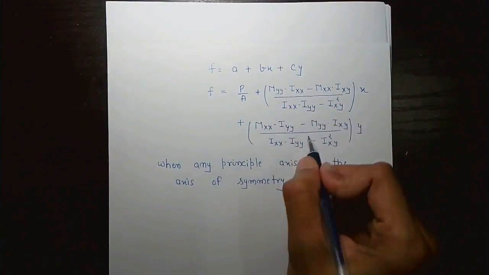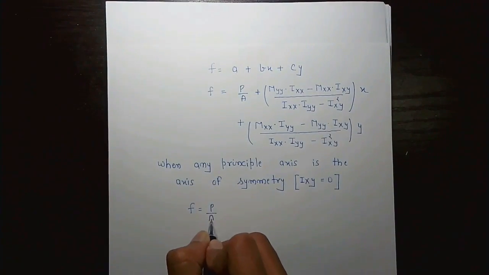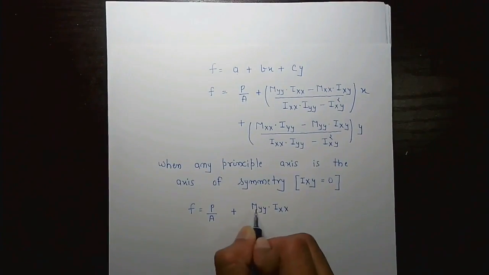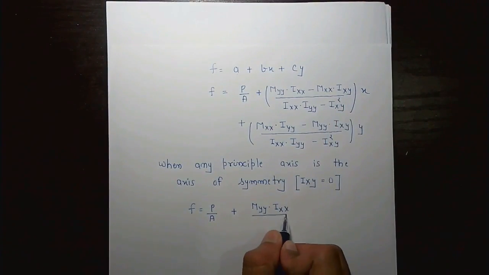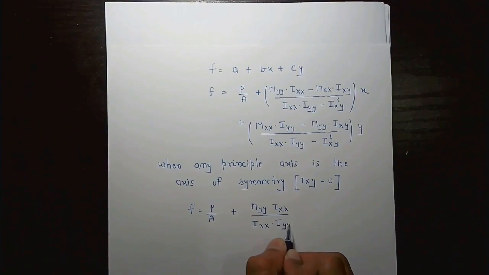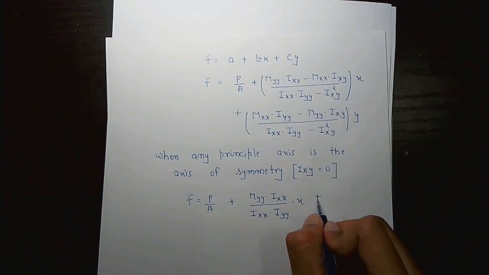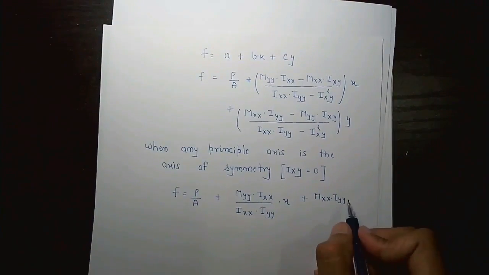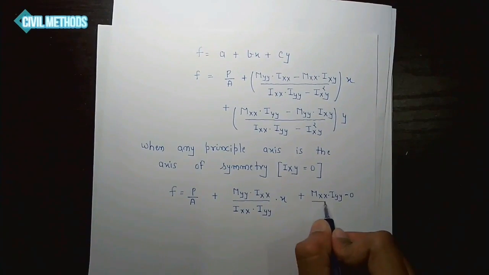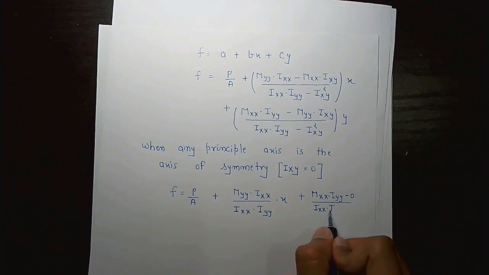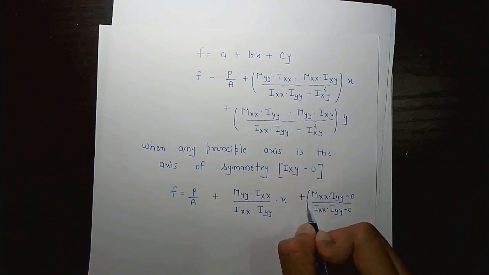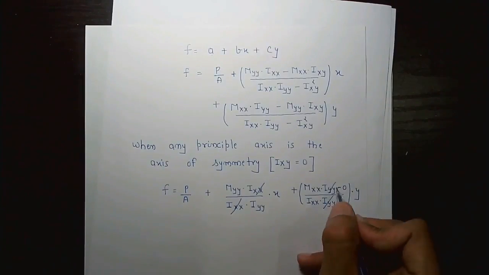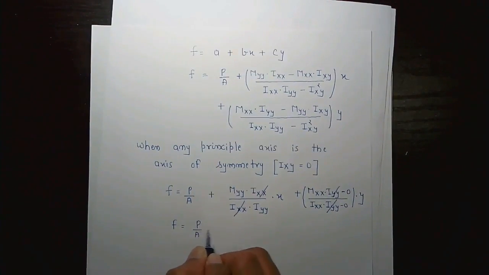Putting Ixy equal to 0 in this equation, Ixx to Ixx, Iyy to Iyy cancels, and f is equal to this.